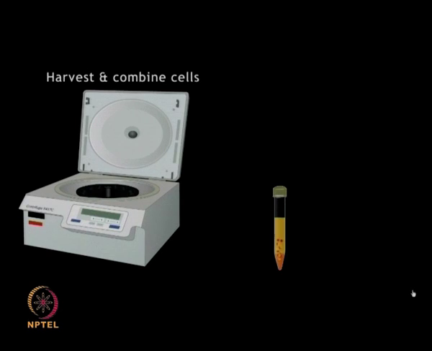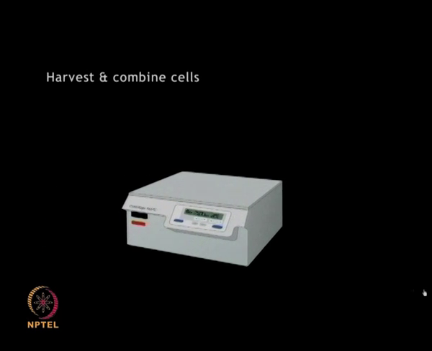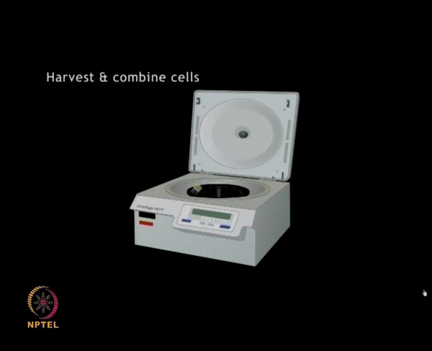After a number of cell divisions, all the instances of particular amino acids will be replaced by the isotopic analog. The grown cells can be combined together and harvested. Centrifugation of the mixture will result in pelleting of cells, which can then be used for further analysis.